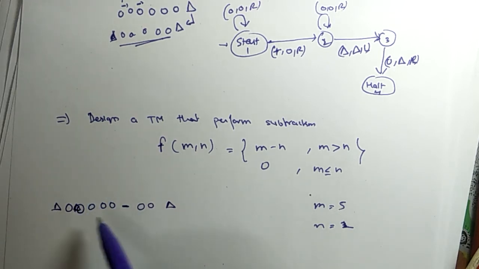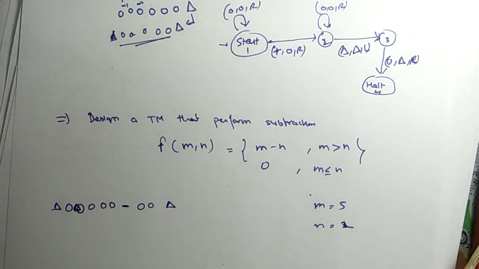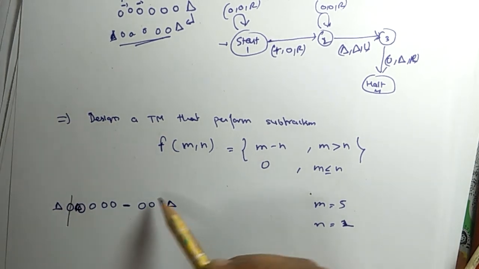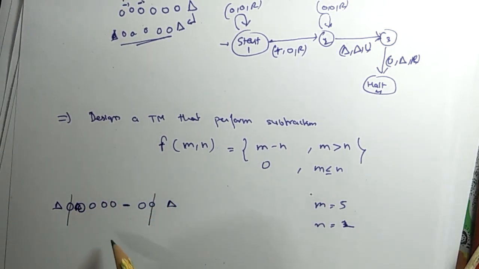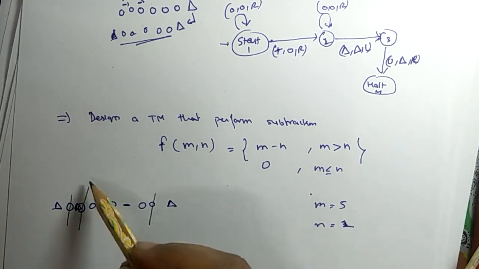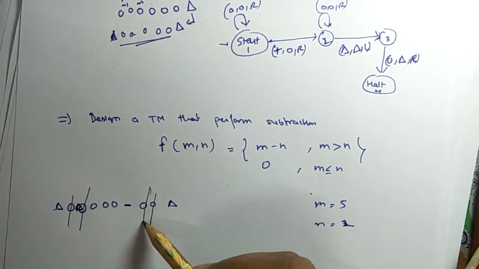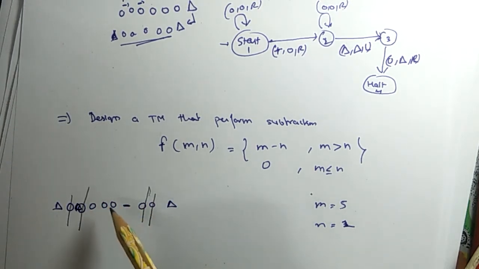Since this is bigger, we have to subtract these two from these 5. One simple technique is to cut 1 zero from this corner and 1 from this corner. So here we are left with 4. Then again we cut 1 from this corner and 1 from this corner. Now we are left with 3. So 3 will be the answer.